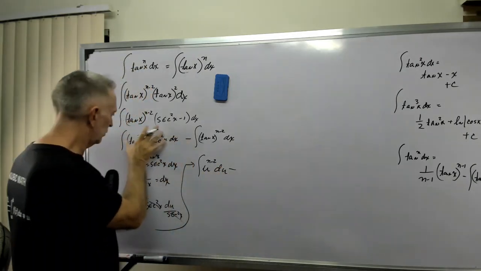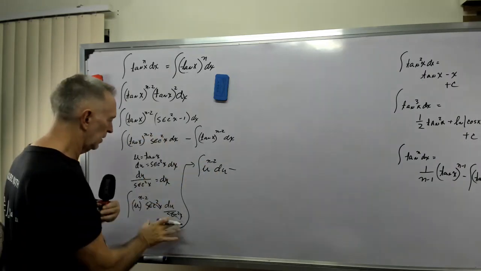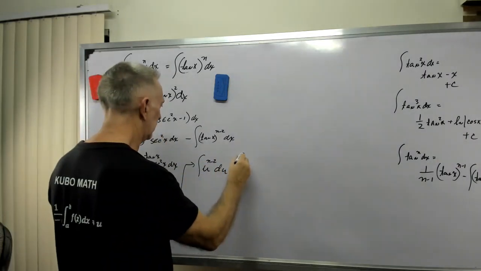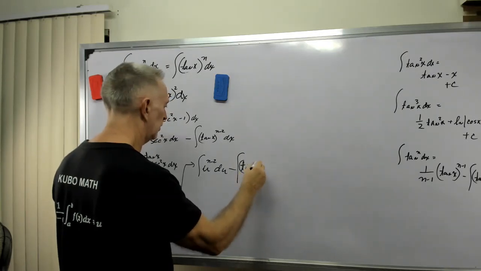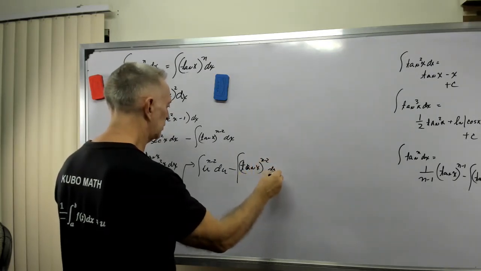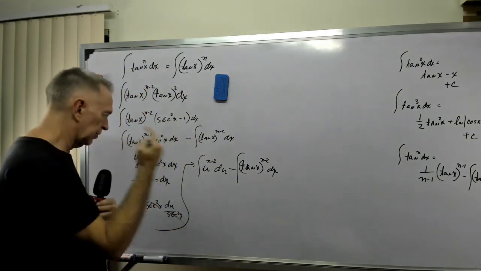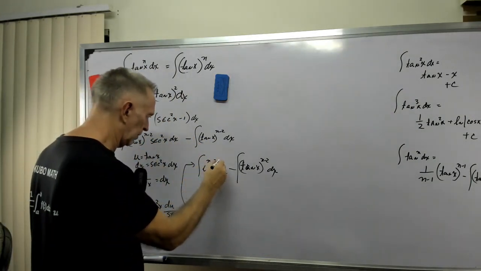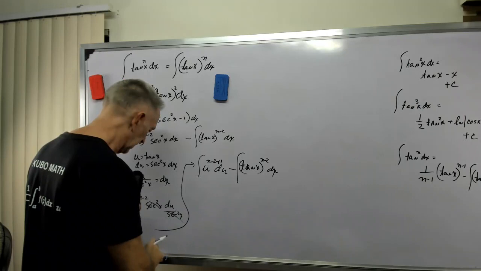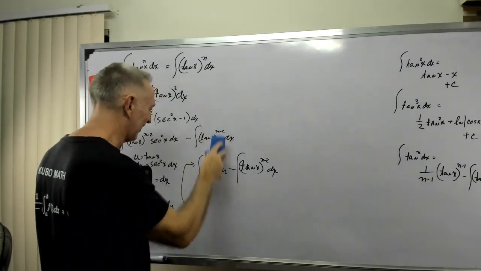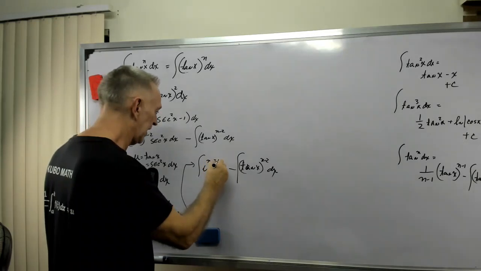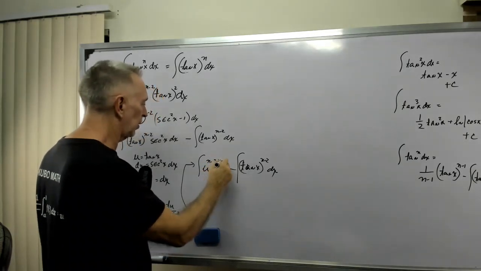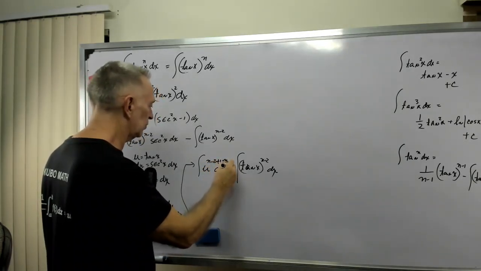Minus, so that was this integral here, minus the integral of tangent x to the n minus 2 dx. All right, so if we integrate this, we're adding 1. Sorry, that just couldn't be any more sloppy. So we add 1, so n minus 2 plus 1 equals n minus 1.